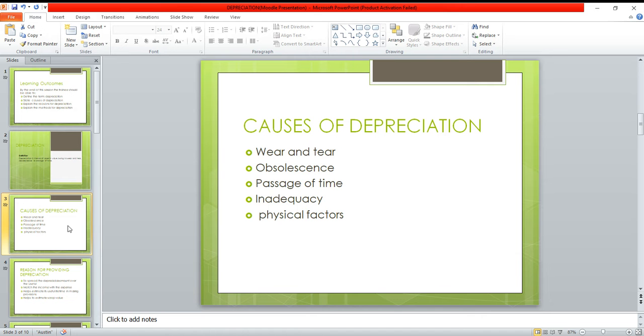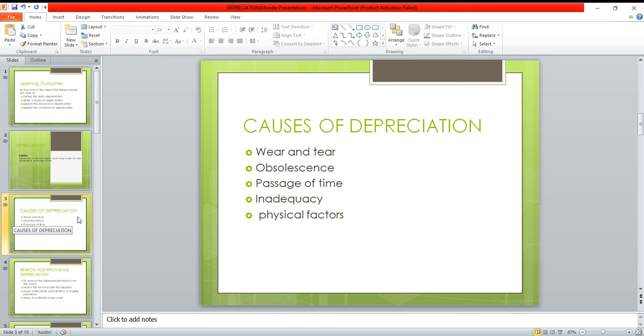We have wear and tear. Yes, we have wear and tear. Another one. Who else? Yes, we have obsolescence.